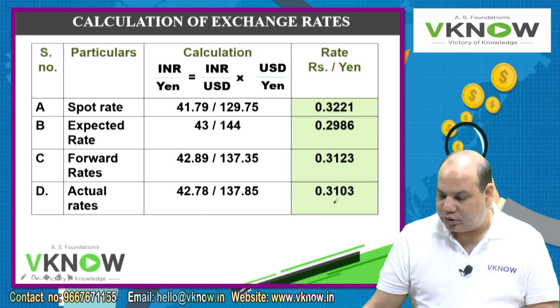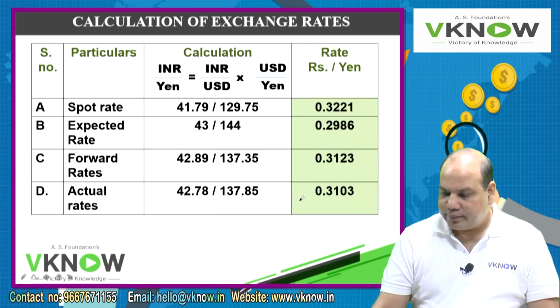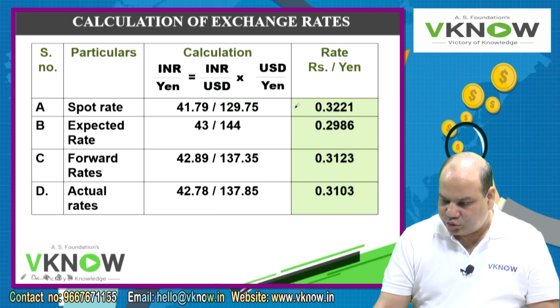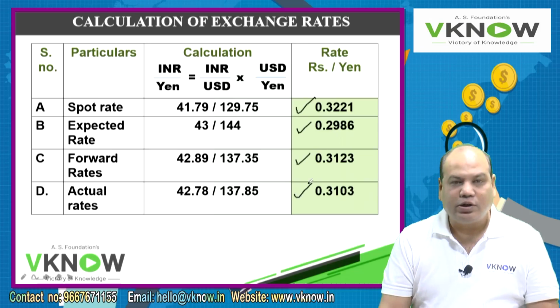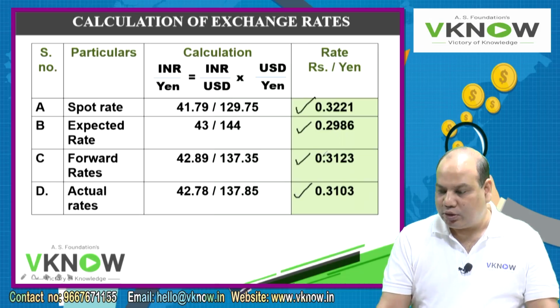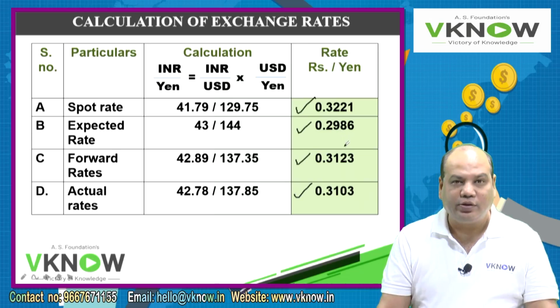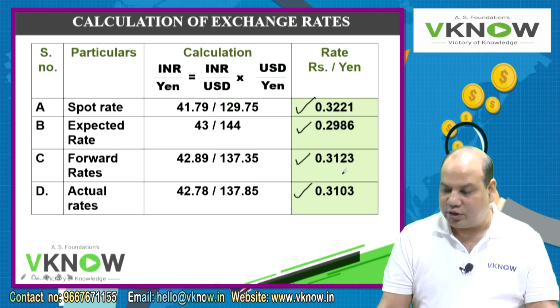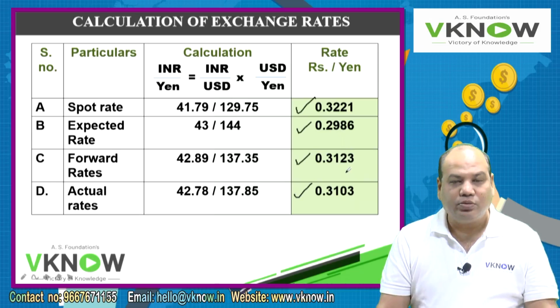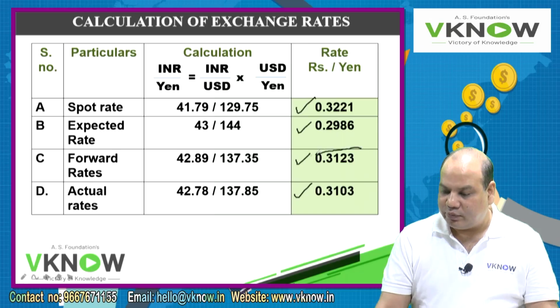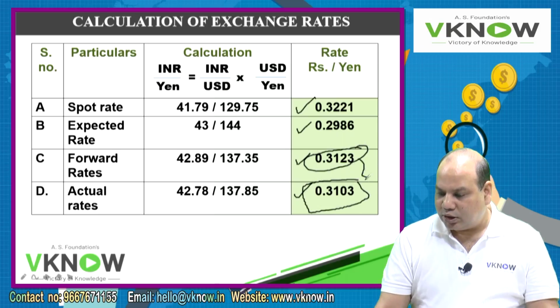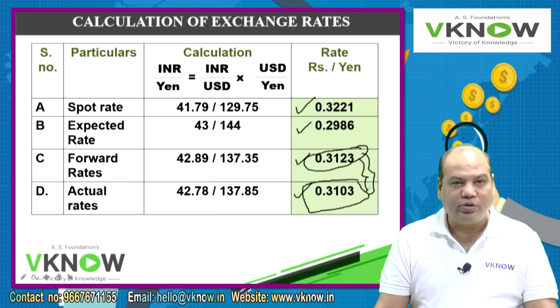Are you getting 0.3103? So please remember, I am going to use these 4 rates in further calculations. 0.3221 spot rate, 0.2986 estimated exchange rate, 0.3123 forward rate, that is the rate at which you have locked your rupee inflow, and this is the actual rate for doing analysis whether your decision was right or not.